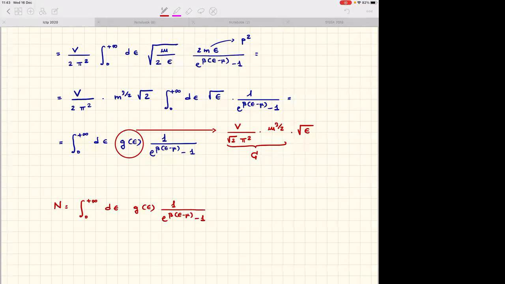Now, when the temperature is very large, you can try to figure out what are the solutions to this equation, for example, numerically.